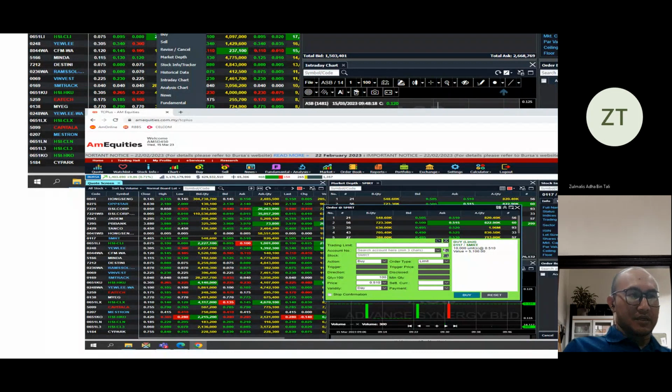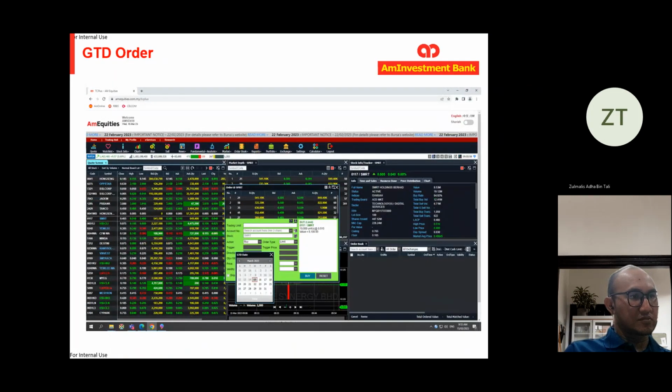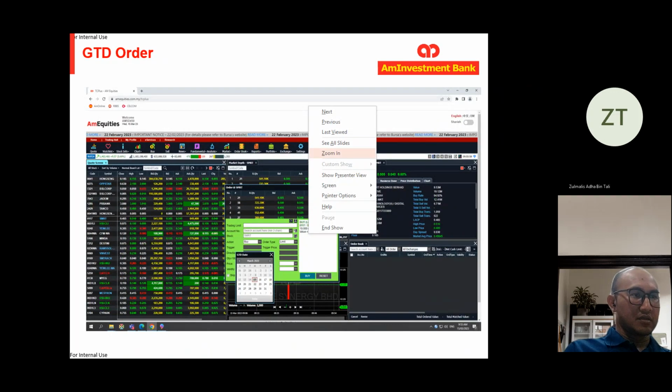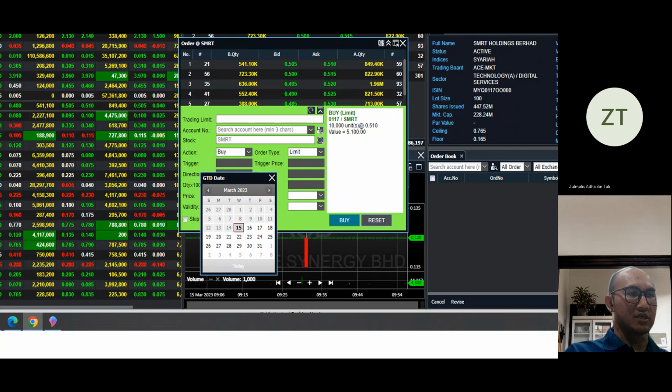I said there are 2 types of order, GTD order. You can choose up to maximum 30 days. If you don't wish to key in daily, this is actually a very useful function.